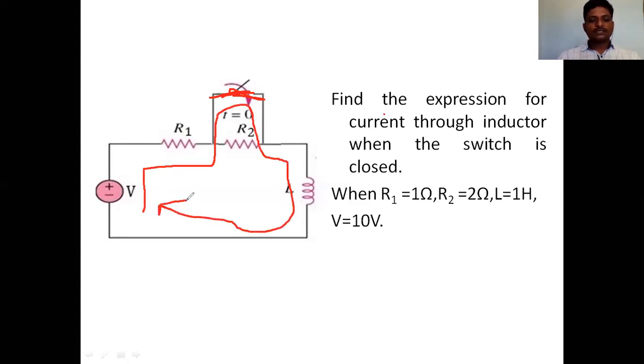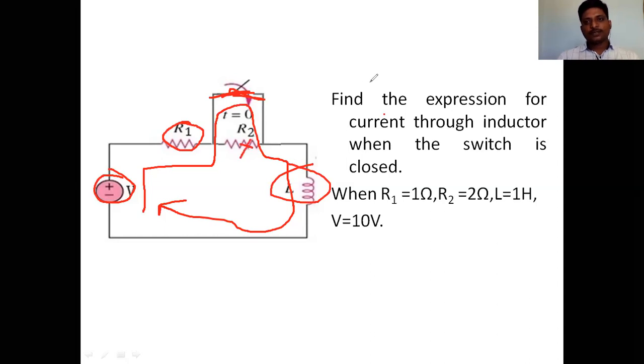This path will not include resistor R2 because R2 is short circuited by the switch. So while writing KVL, the applied voltage is equal to the voltage drop across resistor R1 plus the voltage drop across the inductor. There is no question of R2 here.